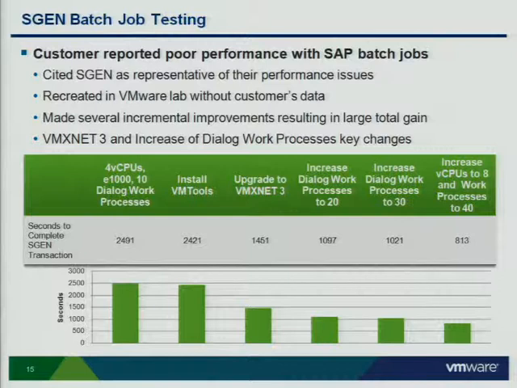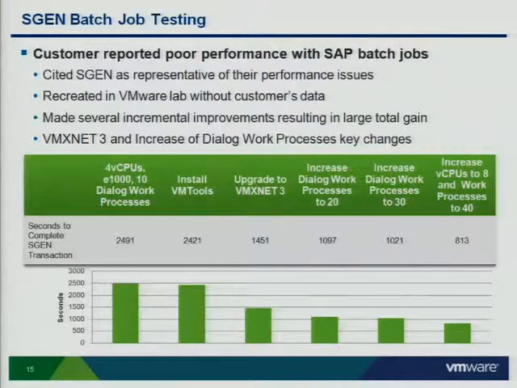Then by going through a series of what are really standard best practices in terms of implementing performance, looking at things and then implementing changes to try to improve performance, I was able to end up with a much improved result. And the key changes that we did were switching to the VMXNET3 network adapter.